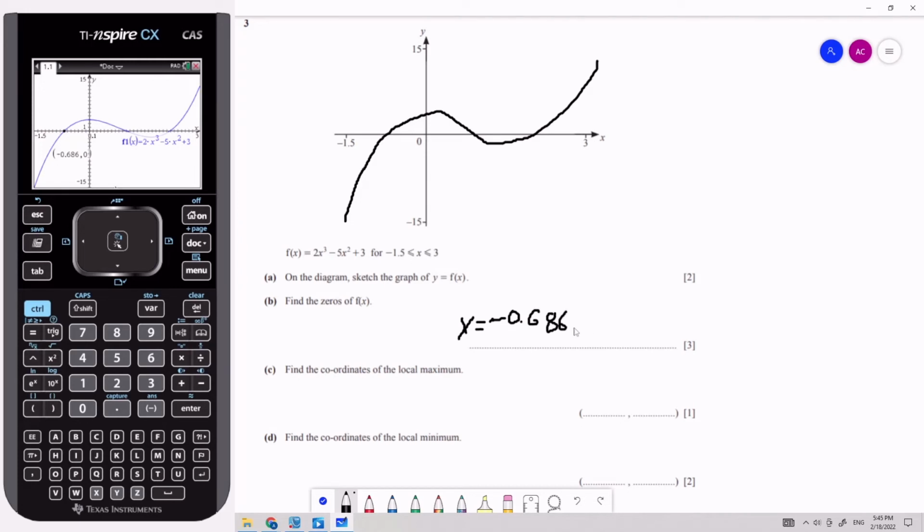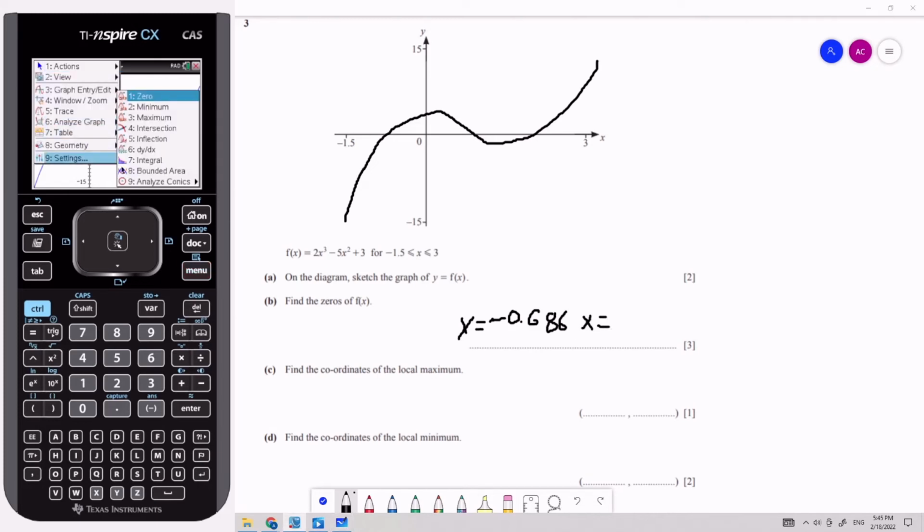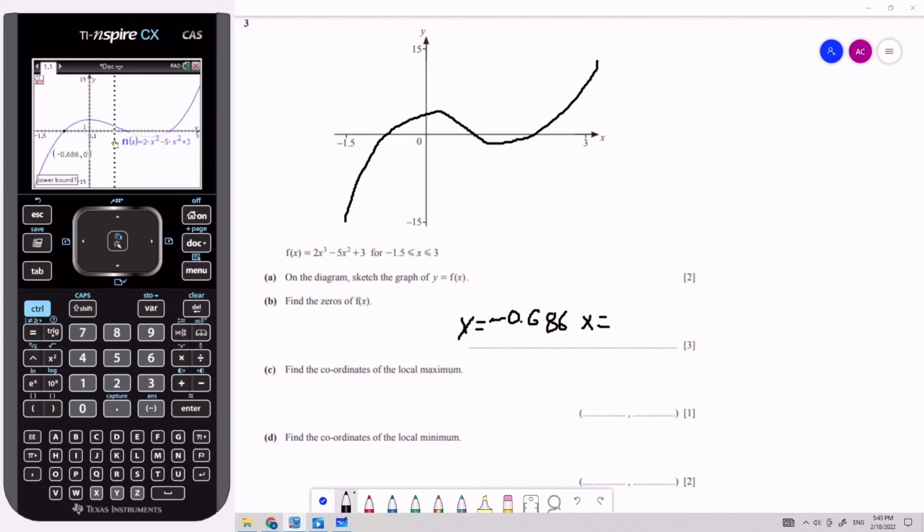And then for the next one, you just repeat the same step, but do it for the next point. This one would be x equals 1. And for the last one, x will be 2.19.